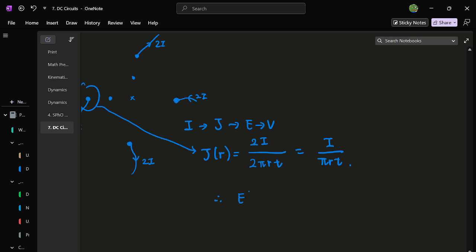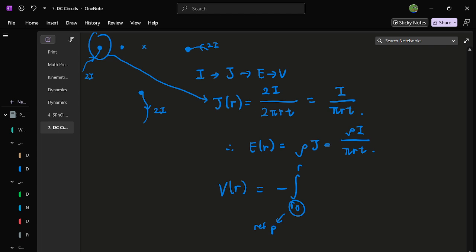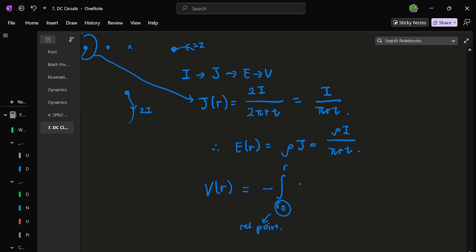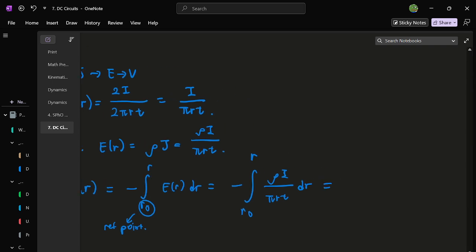So same thing. Your E is this. You integrate. This is a reference point. Your R0 is a reference point. So you integrate, you will get this.